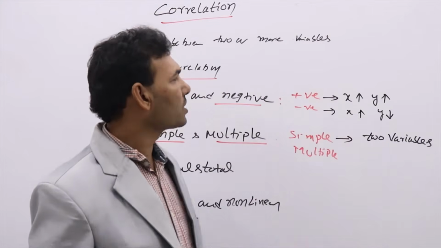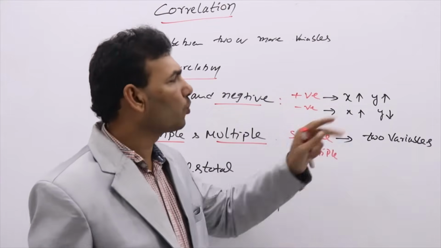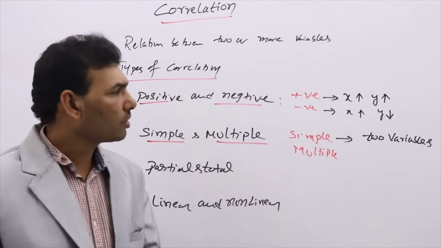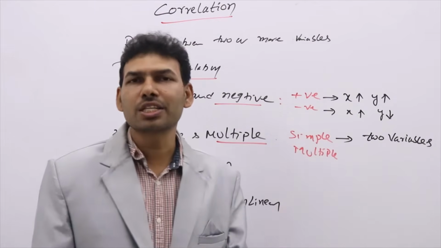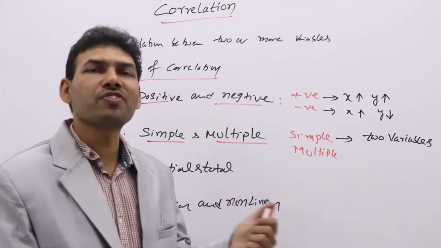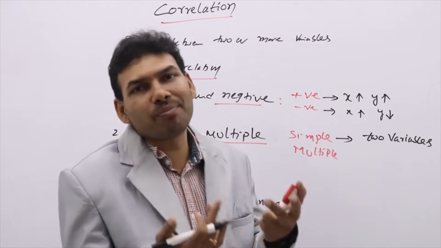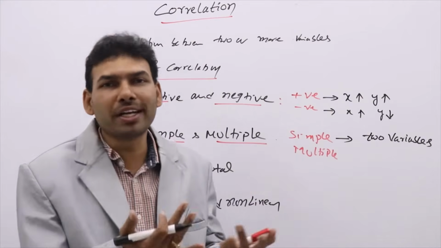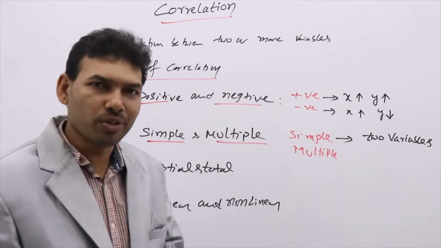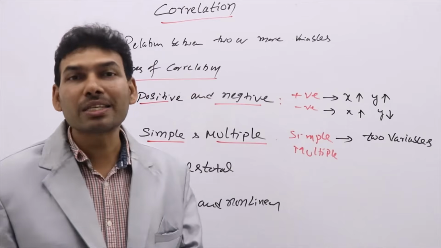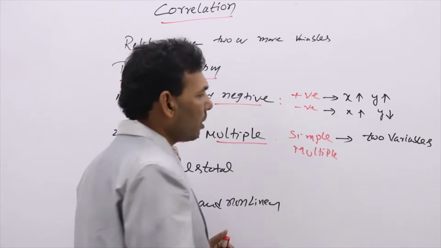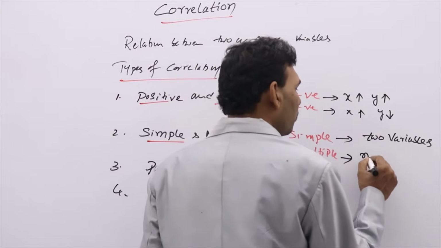Here I gave one example for positive and negative by taking two variables. That we can call simple correlation. The study of the relation between two variables indicates simple correlation.